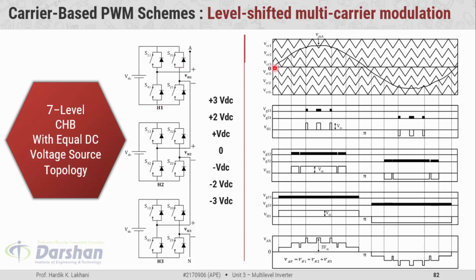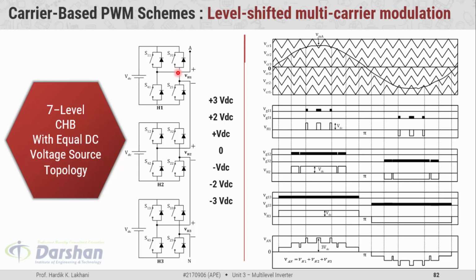When the modulating signal is compared with VCR1 on the positive side and VCR1 minus on the negative side, we can produce the gating signals for switches S11 and S31 of H-bridge unit 1.